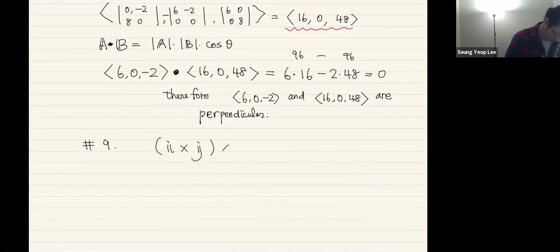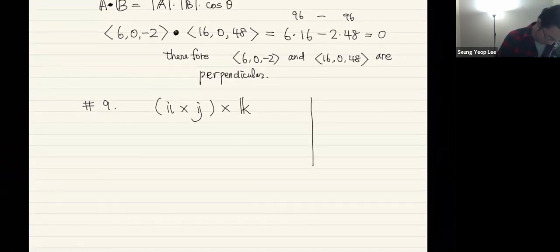I'm going to calculate this thing. What is the x-axis, y-axis, z-axis, like that, right?